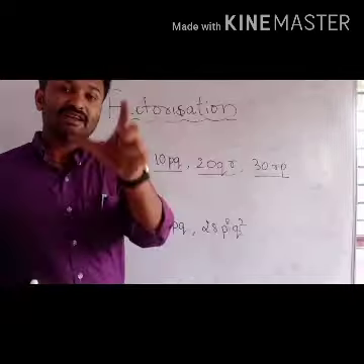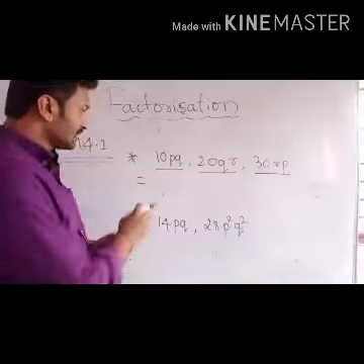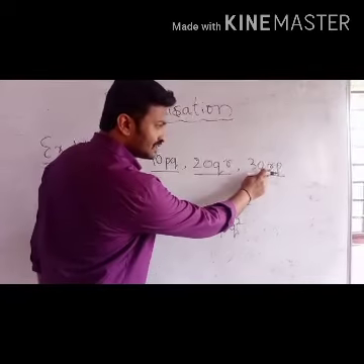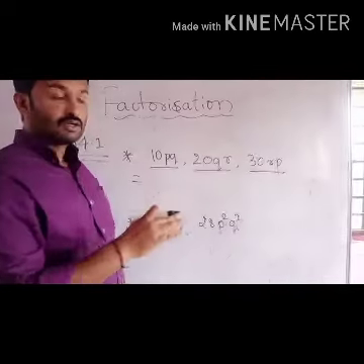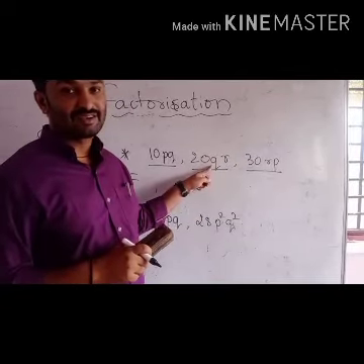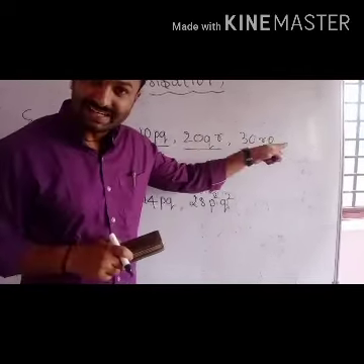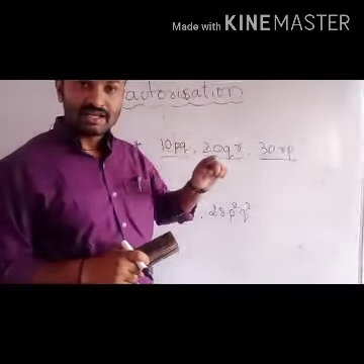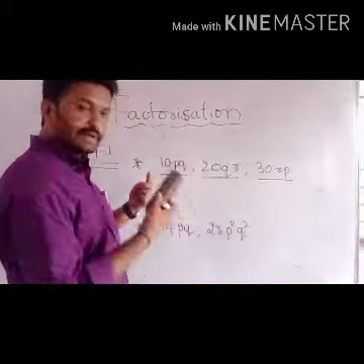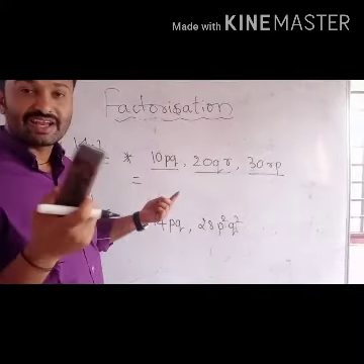Is there any common variable? Here p is there, here p is not there, here p is there. We cannot take p as a common. If it is there in all three terms, then it is a common. P is not a common variable.